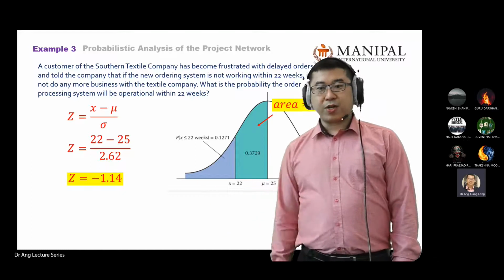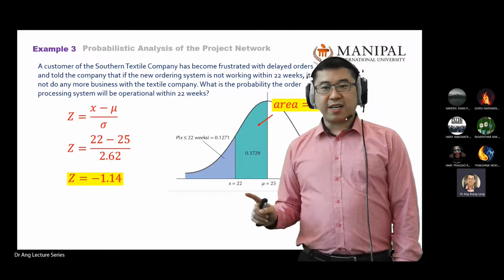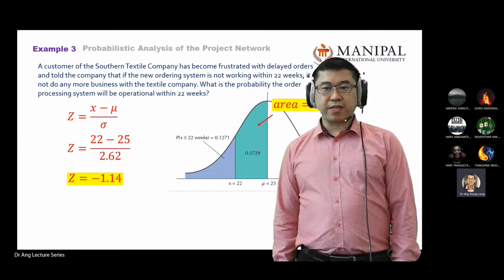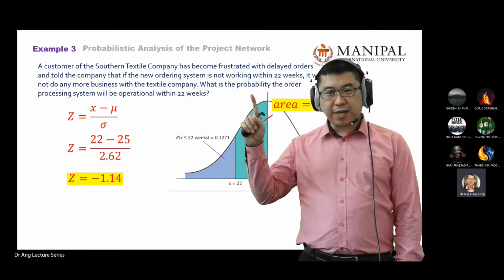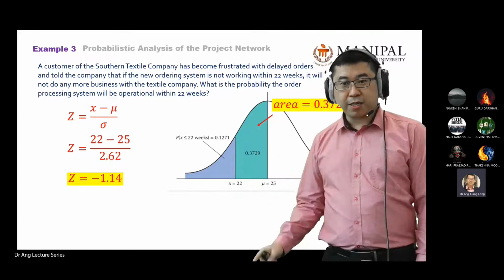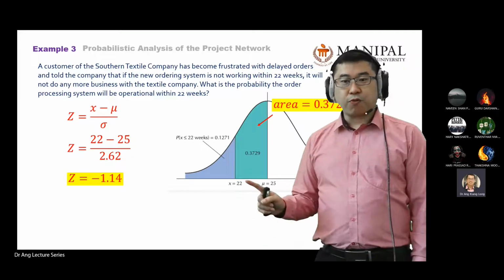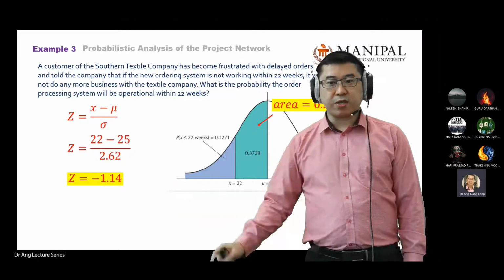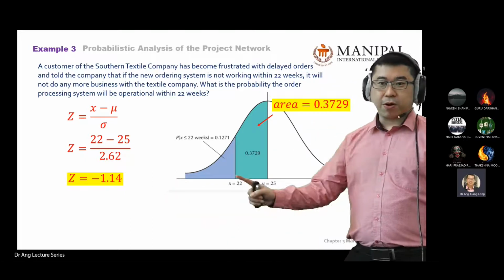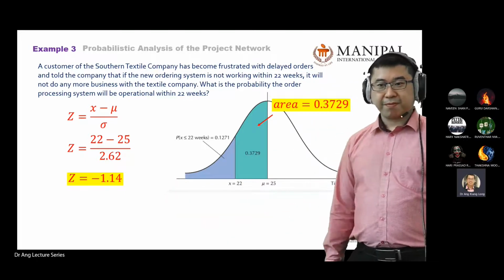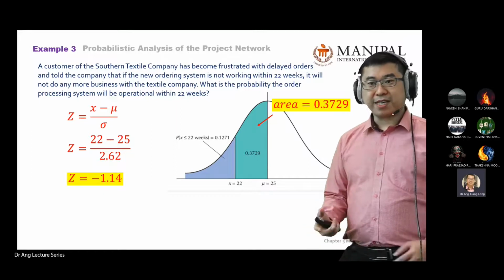Less than 22 weeks. The customer doesn't say you can do minimum 22 weeks and above. The customer demands, you must give me maximum 22 weeks. It means, in mathematics, you find the value less than 22 weeks and not more than 22 weeks.